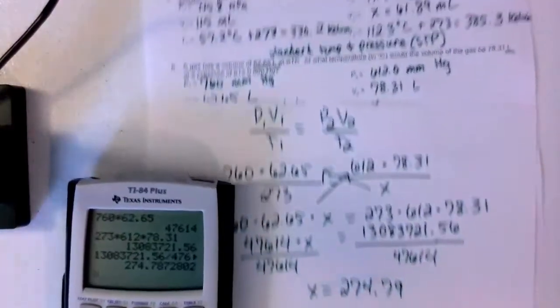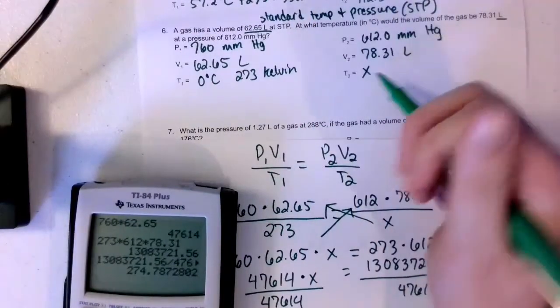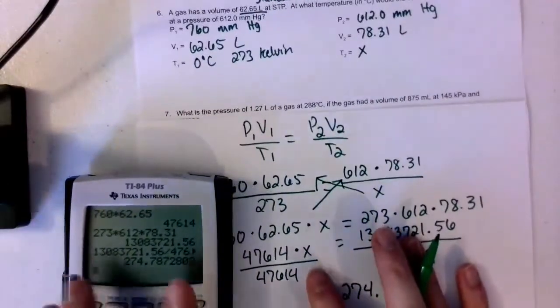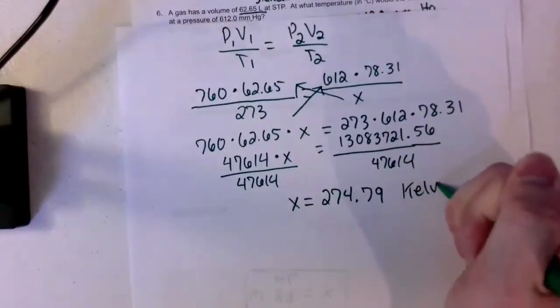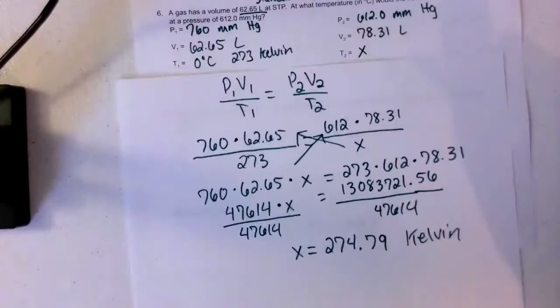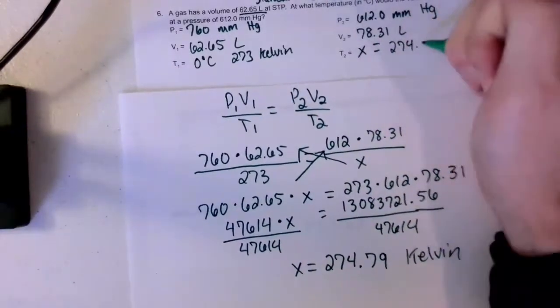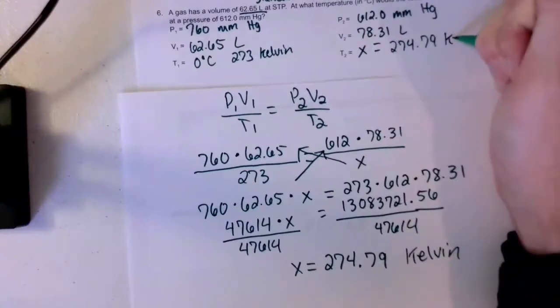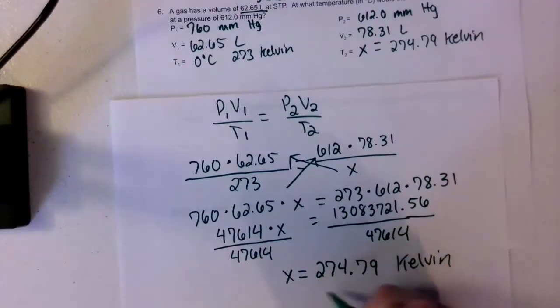If we look back at the original problem here, the x was a temperature, so this number, 274.79, is going to be in Kelvin. But the problem didn't want Kelvin, did it? It wanted Celsius. So how can we get this number into Celsius? All you have to do is just subtract 273.